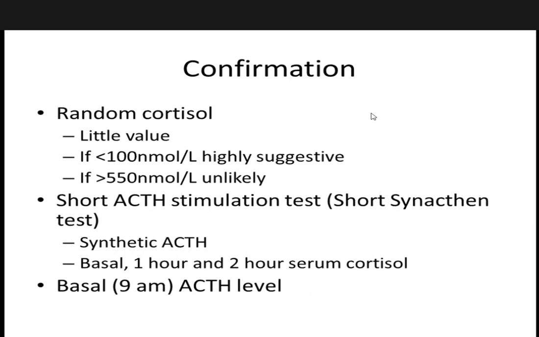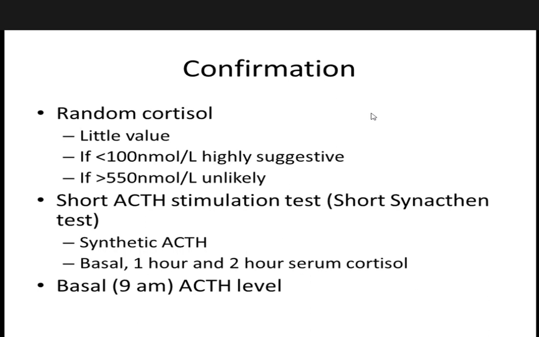At the same time, if you check serum ACTH levels, so they have an inadequate response to synthetic ACTH, right? Serum cortisol hasn't gone up, and at the same time, the patient is having a low basal ACTH value.